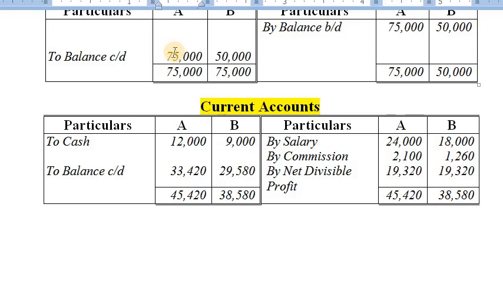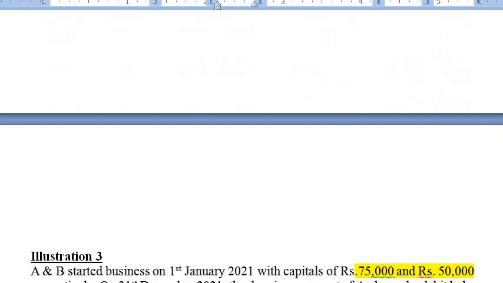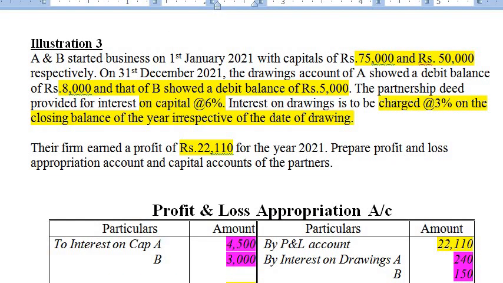So the actual claim at the end of the year is 75 plus 33 for A, 50 plus 29 for B. But we do not want to make any change in the capital accounts, so we want the capital accounts to stay as they are, and all the entries go in the current account.